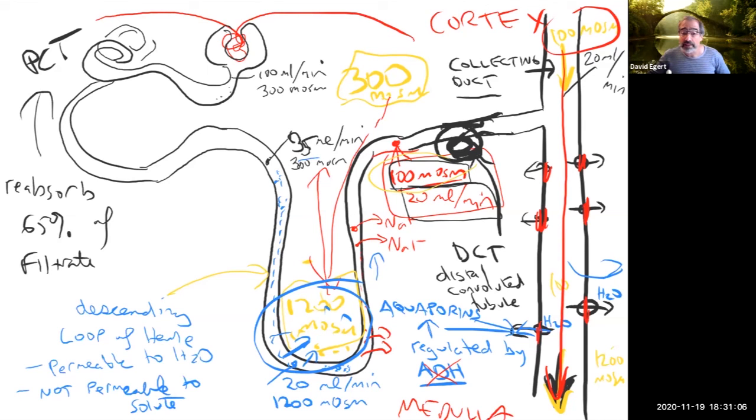If I have 100 milliosmolar stuff coming through, but the walls are all sealed, then it just makes it all the way through. If I do have ADH and the aquaporins are open, then by osmosis the water gets sucked back into the body.